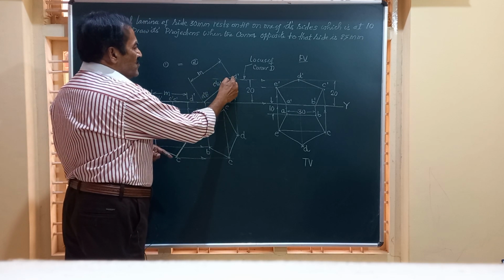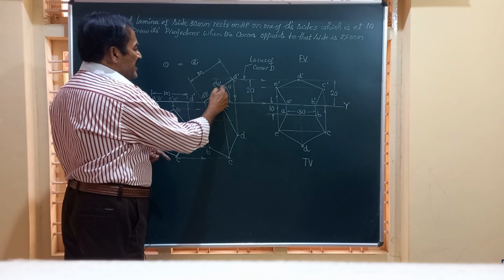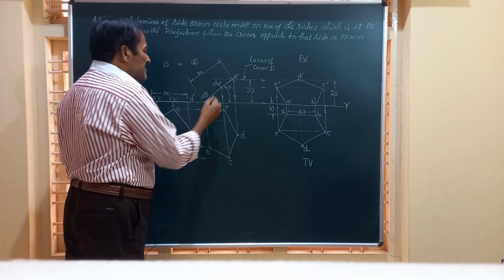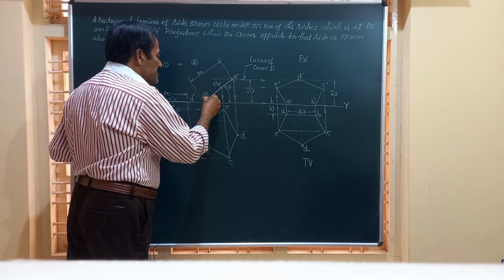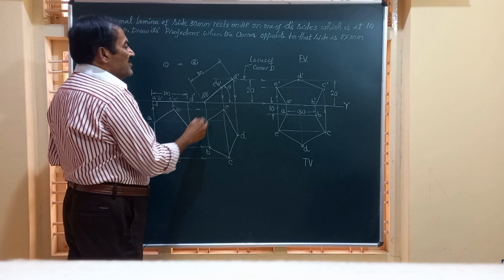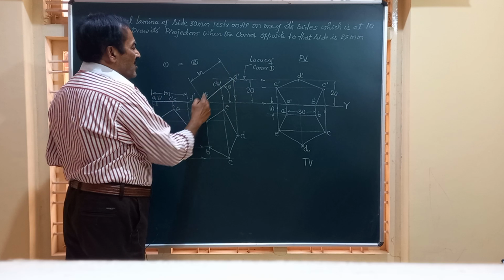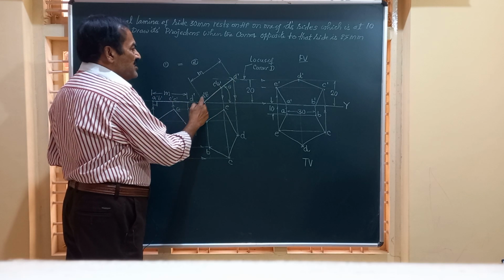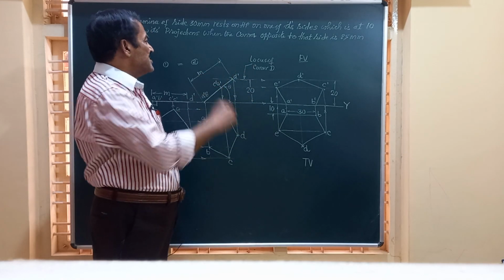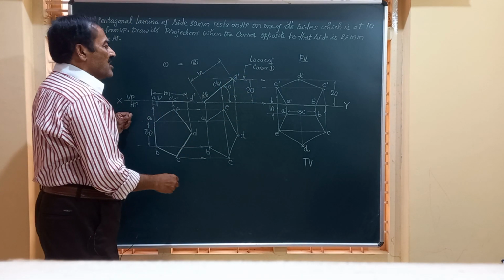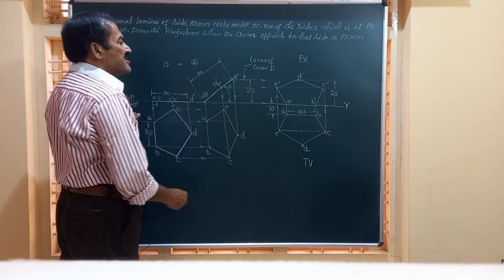Friends, you join this D dash to A dash B dash, and this line in the front view represents the front view of the lamina when the corner opposite to the side AB is at a height of 25. And after obtaining this front view, we need to draw the top view corresponding to that.